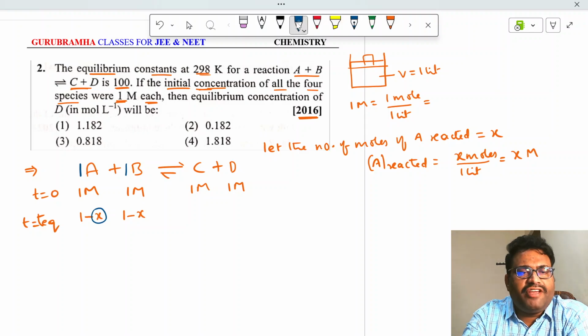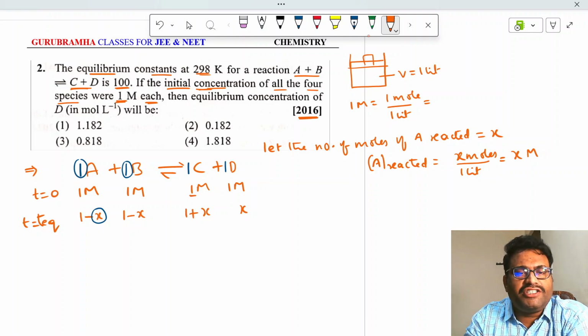If 1 mole of A is reacted and 1 mole of B is reacted, how many moles of C are formed? 1 mole and 1 mole. That means C formed will also be x, and D formed will be x. Already how much is there? 1. So 1 plus x. Already D initially present is 1 molar, so 1 plus x.